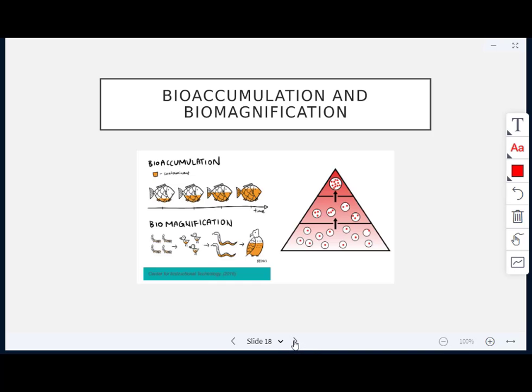All right, so this diagram here is just showing bioaccumulation. It's building up in the tissues, and then biomagnification as it's going through the food chain. As you go higher up the food chain, there will be a higher concentration of that toxin.